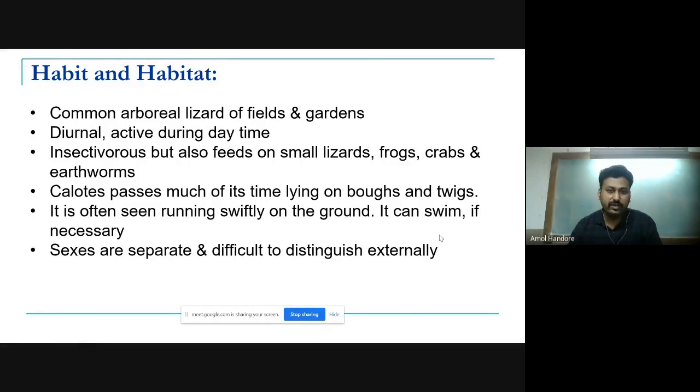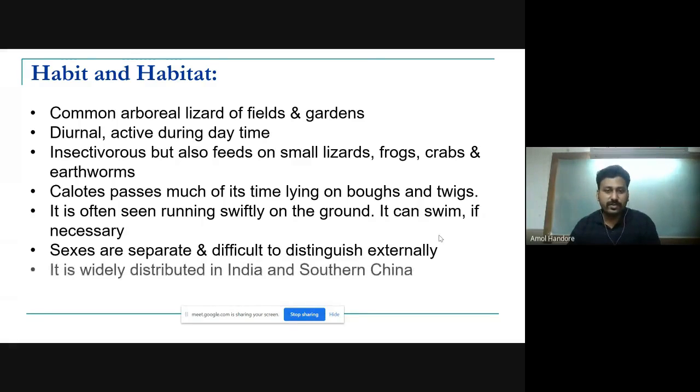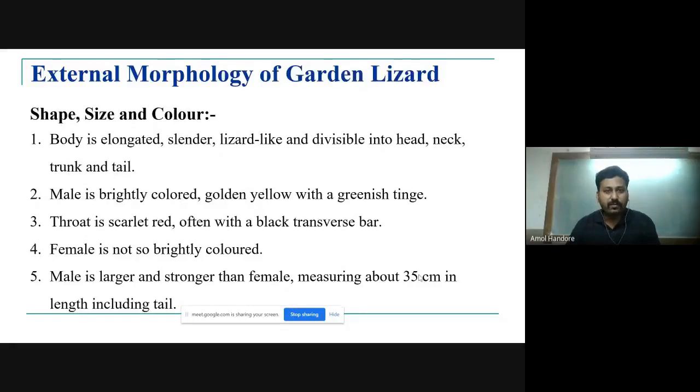However, the sexual dimorphism is indistinct. That means you cannot easily identify a male Calotes and a female Calotes from external body characters. As we have seen their distribution, they are widely found in the Indian subcontinent, most common in India and southern China. Okay, now we come to the final point of today's discussion, the external morphology of Calotes or garden lizard.